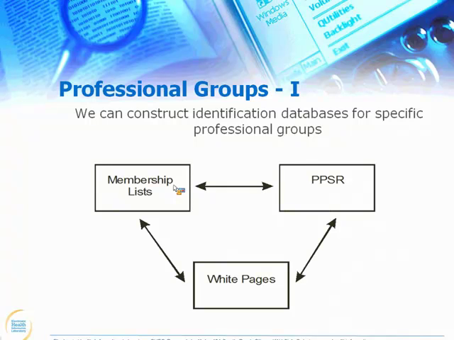Let's say the College of Physicians and Surgeons of Ontario maintains a public registry of all physicians, so we get a list of all the physicians. We'll do searches in the PPSR, the Personal Property Security Registration, and then cross-reference with the white pages. What that will allow us to do, once we have the name, is do the PPSR search, and from the PPSR we would get the home address and the date of birth.